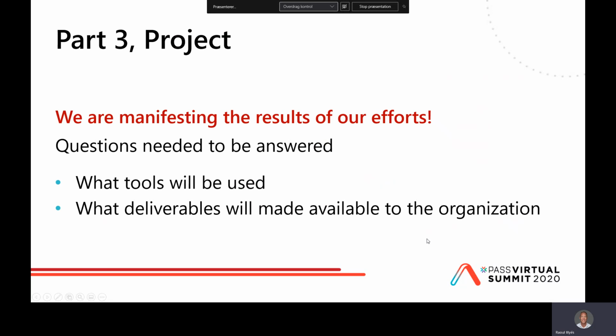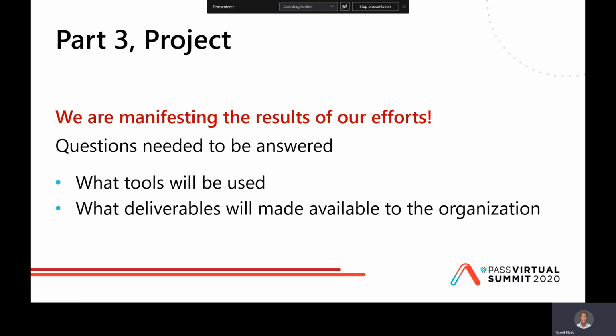Now, third, since we now have all the things in the project defined, and the project manager has come up with the project plan, working with the team, and come up with all the cost, and you together, based on the cost, have defined which the final platform for your migration is going to be, we need to run the project. And as stated before, the project is that, yes, we are manifesting the results of our efforts.